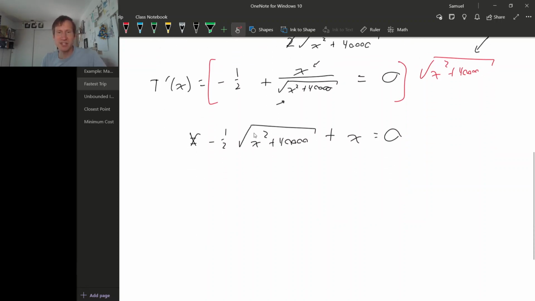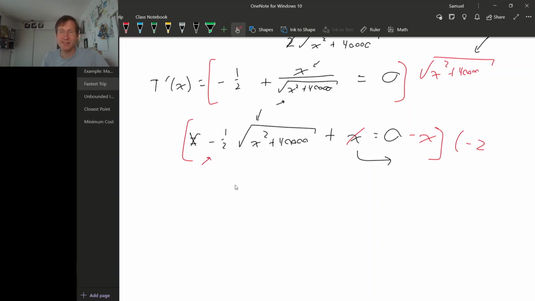All right. Now we're going to have to deal with getting rid of this square root right there. So let's move this x over. That makes this minus x over here. And then also, while we're at it, let's multiply both sides by minus 2, just to get rid of this minus 1/2 right here.